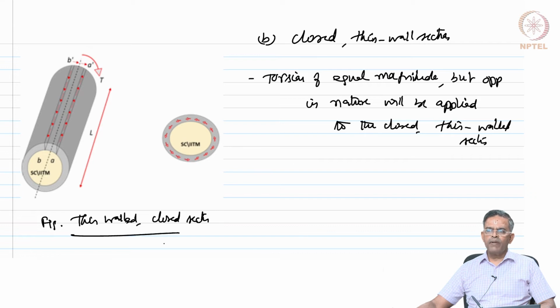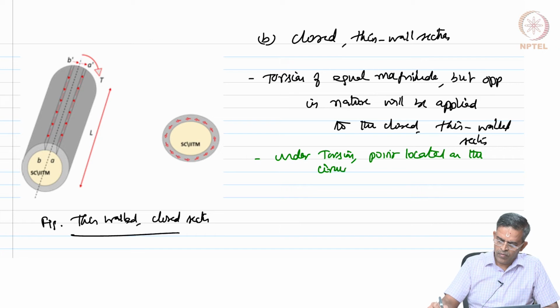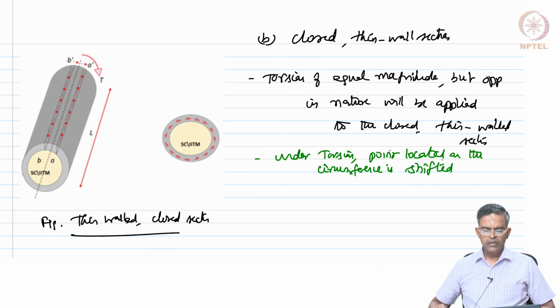Under the action of applied torsion, one can notice that the point located on the circumference is shifted. Okay.